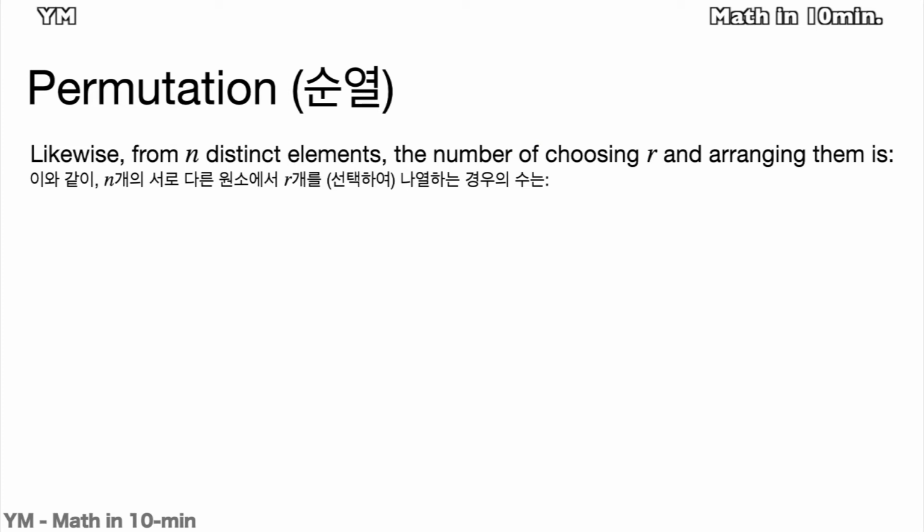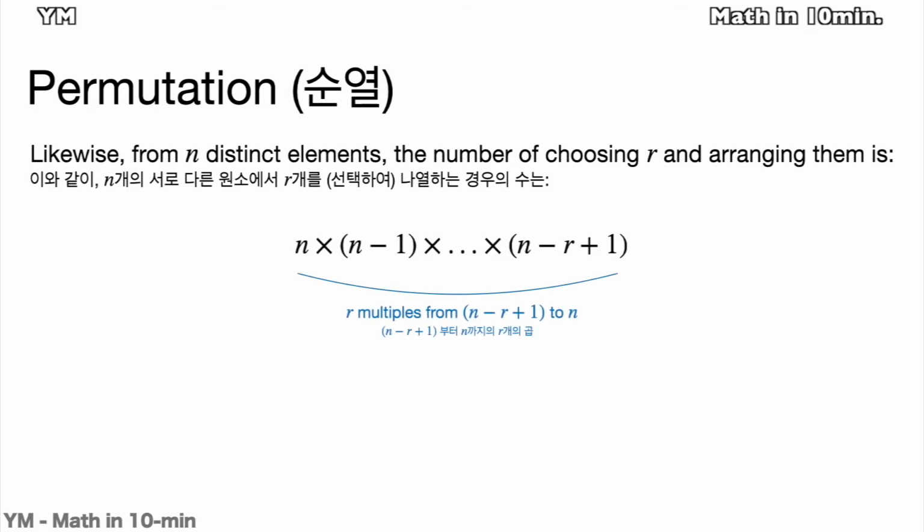Likewise, from n distinct elements, the number of selecting r and arranging them equals the multiplication from n to n minus r plus 1. This formula can be defined as n permute r, meaning the number of permuting r from n objects. And this is exactly equal to n factorial divided by n minus r factorial.